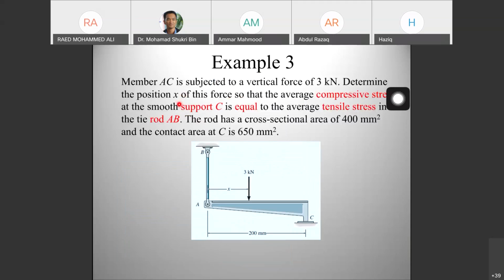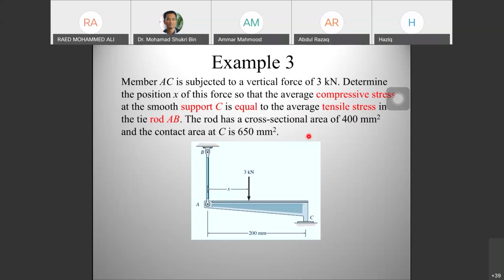Determine the position of x of this force so that the average compressive stress at the small support C is equal to the average tensile stress in tie rod AB. The rod has a cross-sectional area of 400 and contact area C is 650 millimeter square.